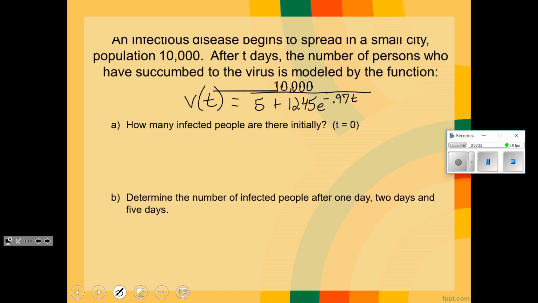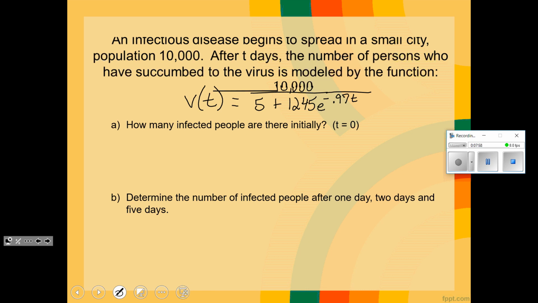All right, it says, an infectious disease begins to spread in a small city, population of 10,000. After T days, okay, T is the number of days, the number of persons who have succumbed to the virus is modeled by the function. So I'm giving you the function. This is not a specific formula. It's just the formula that's modeled for this particular question.